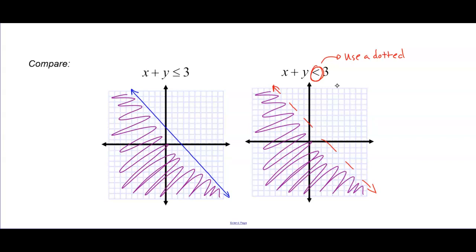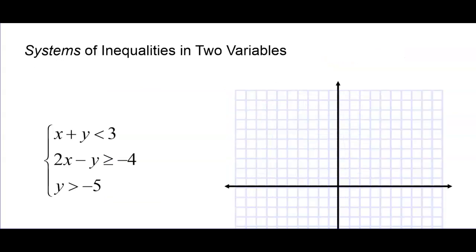So the Math 90 topic, the intermediate algebra topic that we're going to be doing, is where we do a full system, multiple inequalities all at once. So one key idea in this problem is that the solution to a system is the points that work in all of the inequalities. So you have to be careful to only shade the parts that solve all of the inequalities, not just one or two.